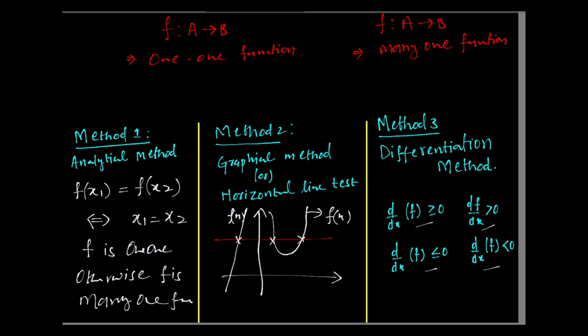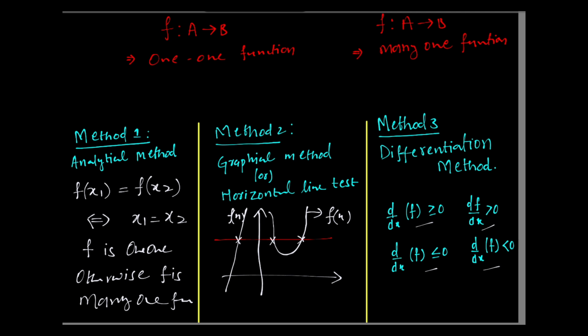If the function maintains slope greater than 0 up to some point, and after that f(x) maintains slope less than 0 or equal to 0, then in such cases we say the function f(x) is many-one. So the function is one-one if and only if it is strictly increasing or monotonically increasing, or strictly decreasing or monotonically decreasing; then f is said to be a one-one function.